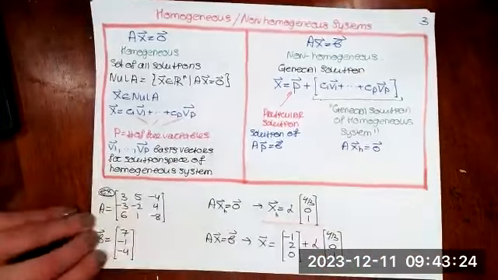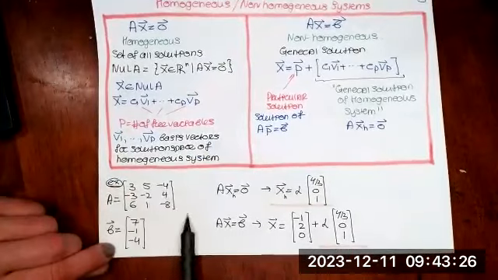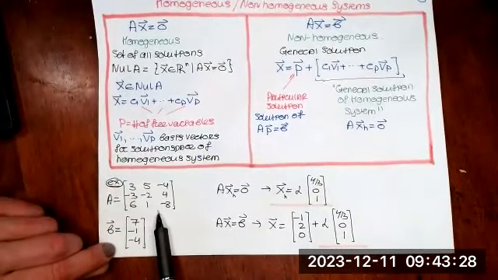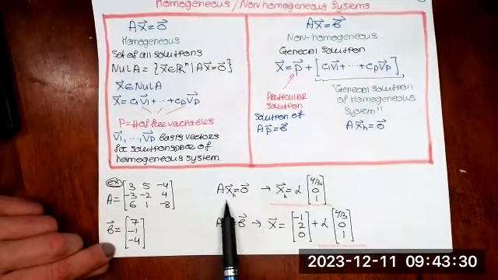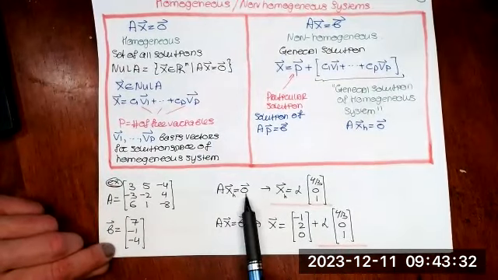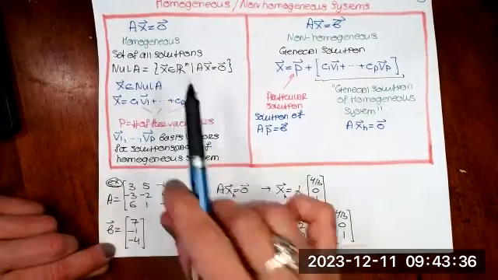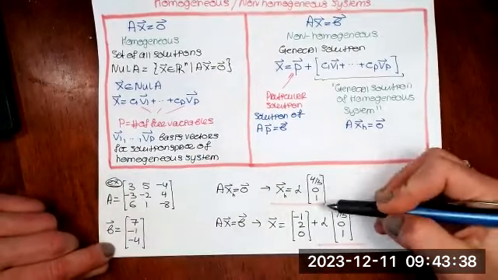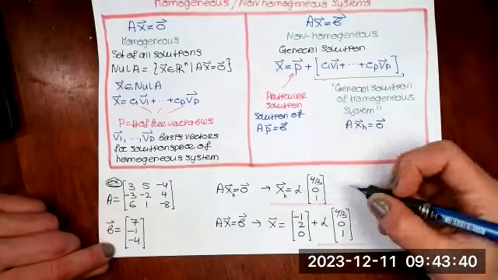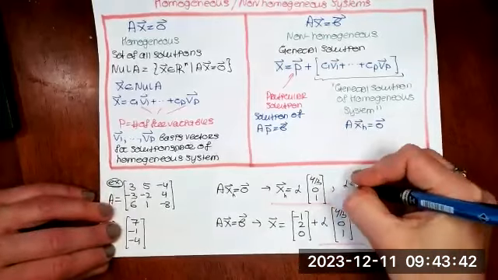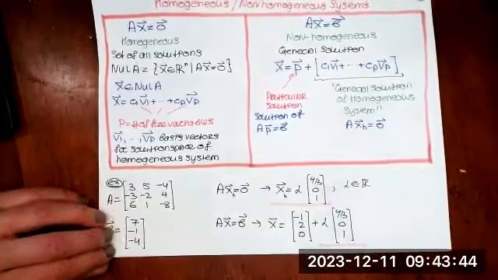For example, if I had this 3 by 3 matrix and solved the homogeneous problem Ax equals 0, I would get that my solution vector, or basically the null space, is spanned by this one vector, with thirds, 0 and 1, where alpha is some real number.